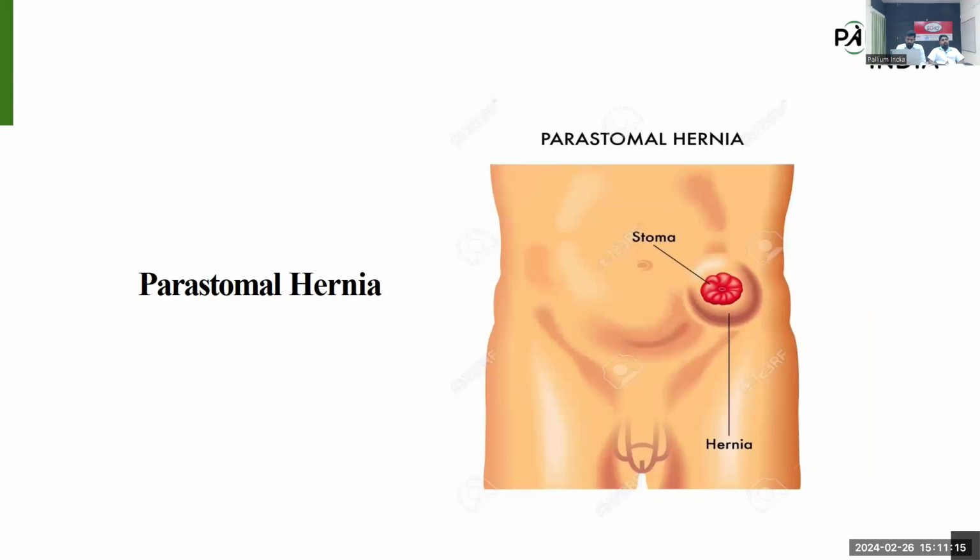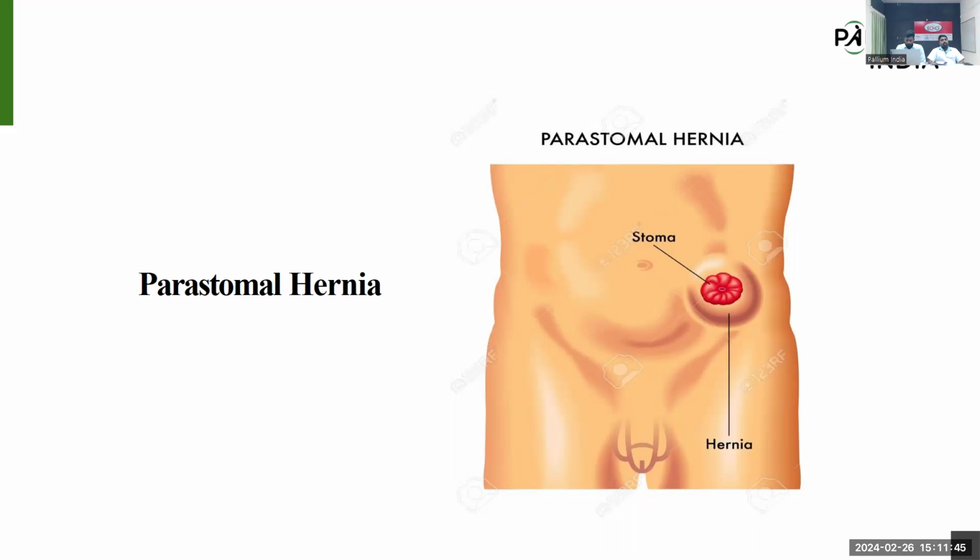Then parastomal hernia. Parastomal means around the stomal region. Herniation here also happens because the normal abdominal wall muscle is already weak, its continuity lost because of the surgery. After the stomal preparation, inside the abdominal wall around the stomal opening some gaps are there, or the internal colon part may stick inside the abdominal region around the stomal site.